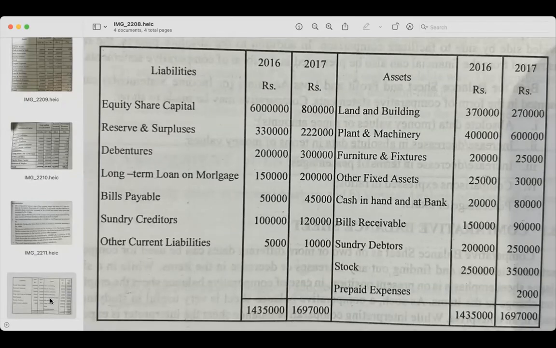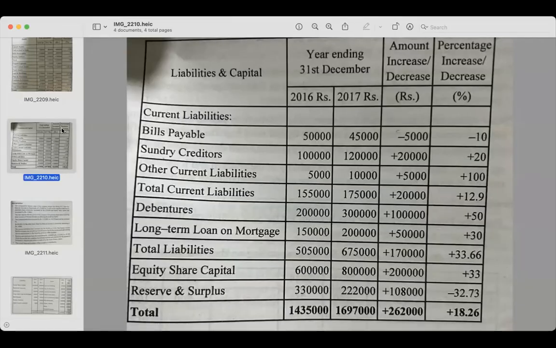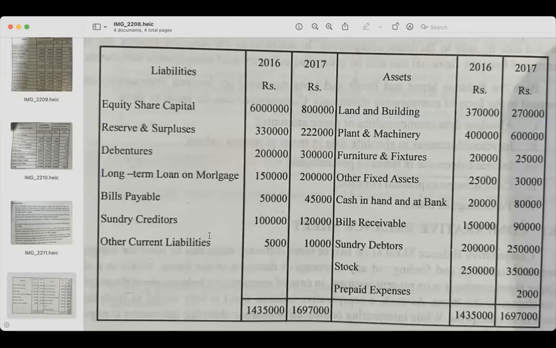Look at this. This problem is in the order of permanency, and the solution is in the order of liquidity. The longest items are taken at the end: 6 lakhs, 8 lakhs, 3 lakhs, 30,000, 2 lakhs, 20,000, 22 lakhs, 2 lakhs, 22,000.